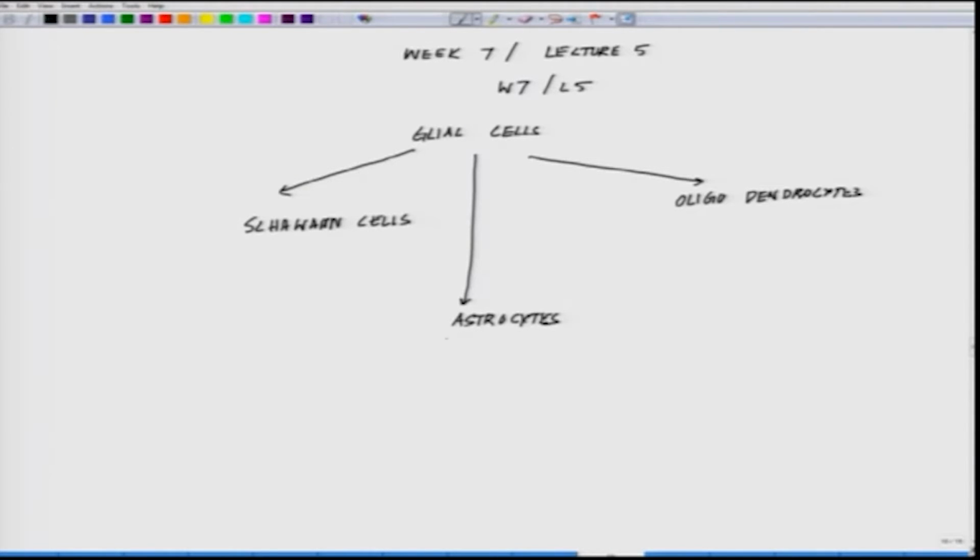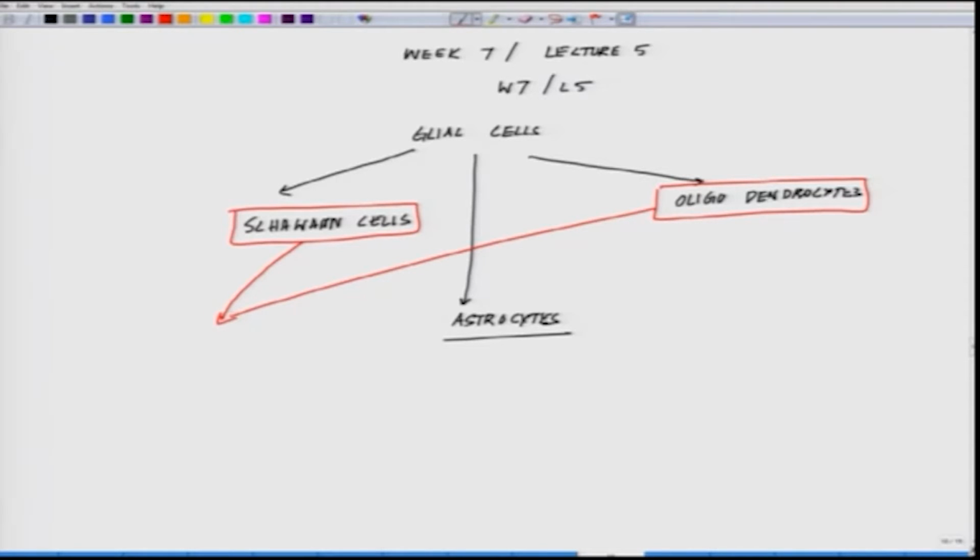So, these two, the Schwann cells and oligodendrocytes, which I am putting in red boxes, are involved in myelination, whereas astrocytes, on the contrary, are involved in homeostasis of the nervous system. What does that mean?